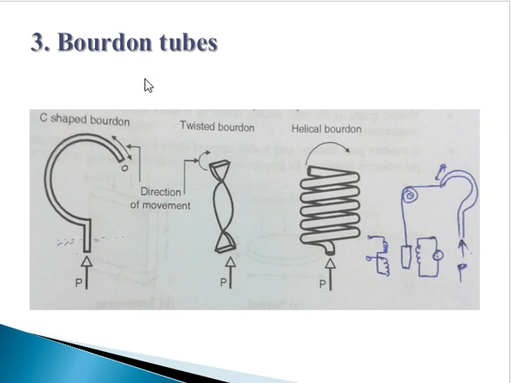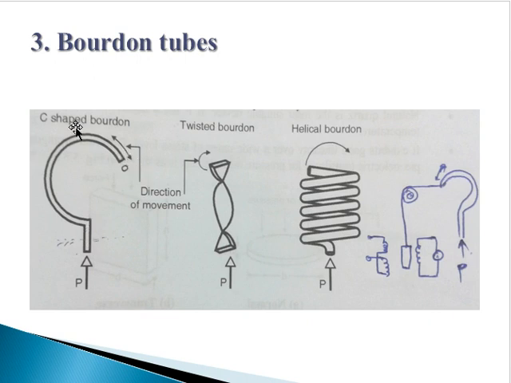Another, the third type, is Bourdon tubes. Here a C-shaped Bourdon tube is shown. Here is a twisted Bourdon tube, and this one is helical, because it is in a helical fashion. If you apply the pressure here, what will happen?